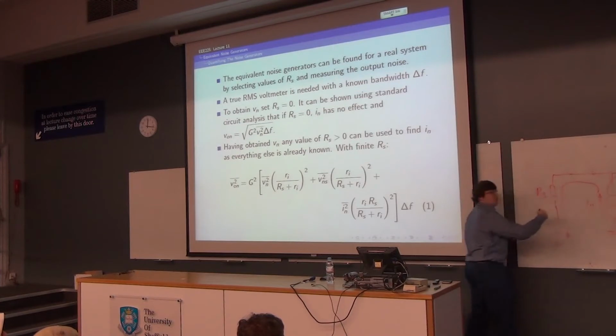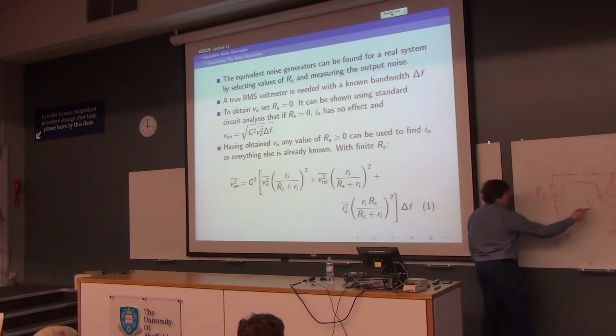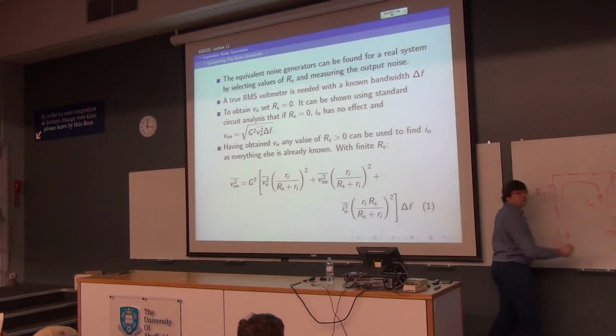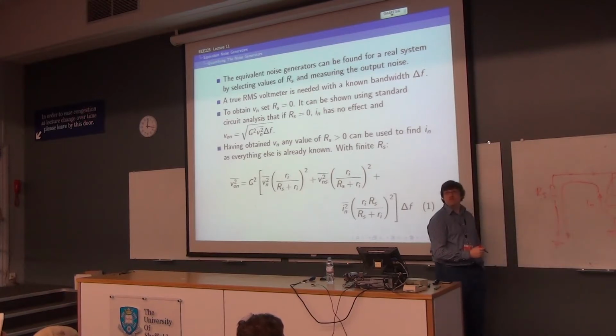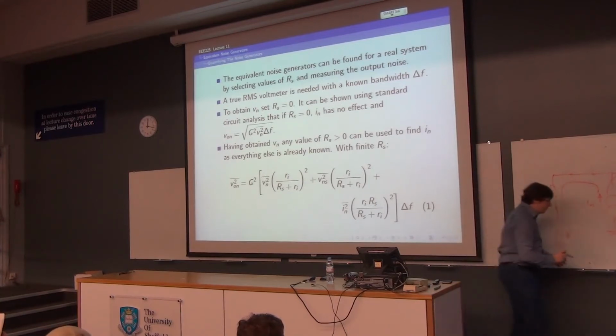In flows through both of these, so it's a current sharing circuit. There are no new tricks. And the voltage that appears across Ri is In times the parallel combination of Rs and Ri. And whatever that voltage is, gets amplified.